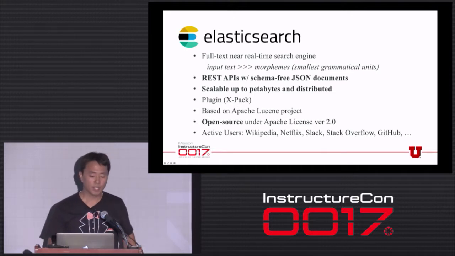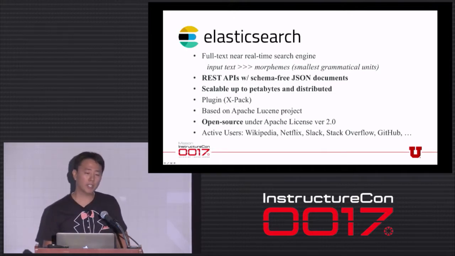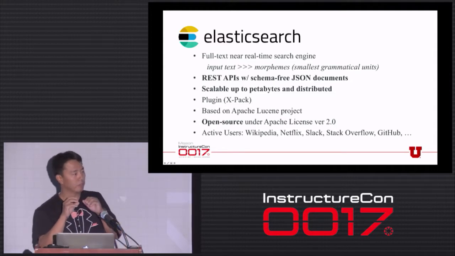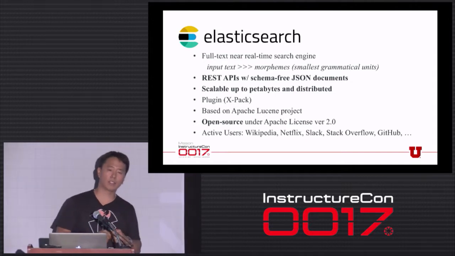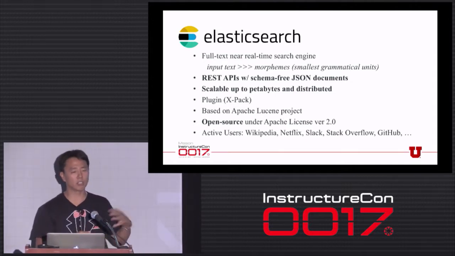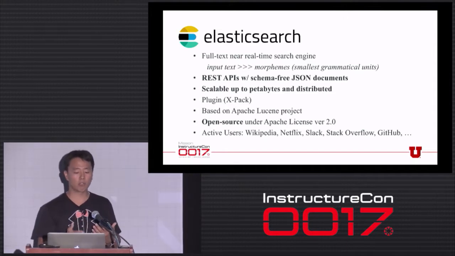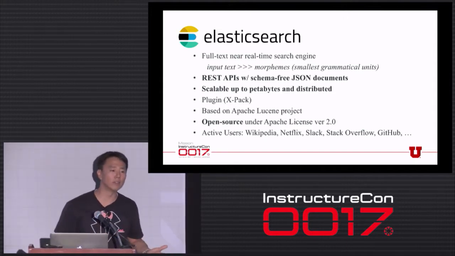Also, all communication, like indexing, which is keeping the text information in Elixir Search, and even asking Elixir Search to return some result, which is the search query, is translated in JSON format.